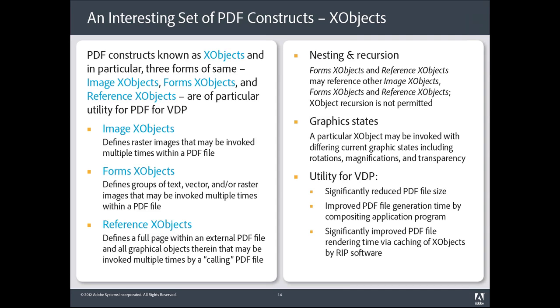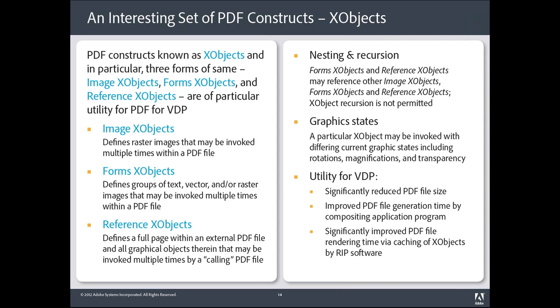One is something called an image XObject, where you take a raster image, define it once, then call it out over and over again. The second is something called a forms XObject. Forget what the word forms might mean in your mind. Originally, the idea was that you could set a form in the background and define it once.